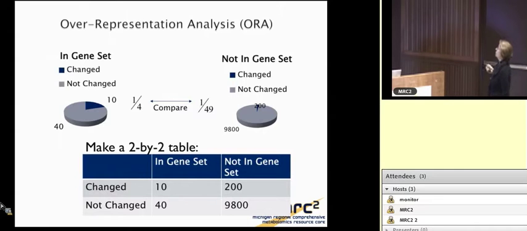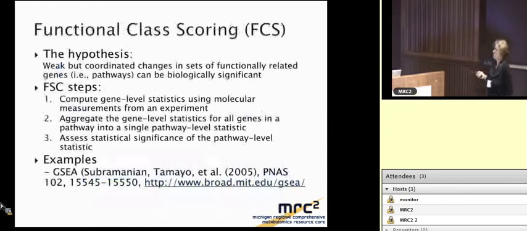You set your threshold, and you're trying to compare how many of these are in the gene set versus not in the gene set. So this is this classical 2x2 table. And then you use that information to estimate the statistical significance. And again, I'm repeating some of what George said at the end of his lecture just before lunch.